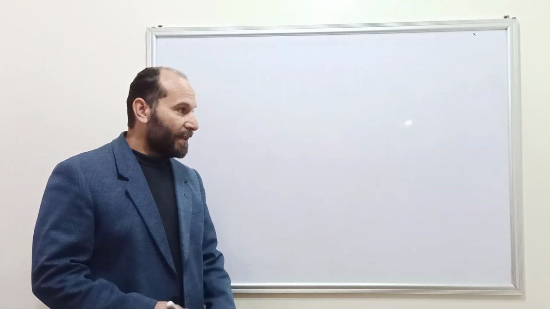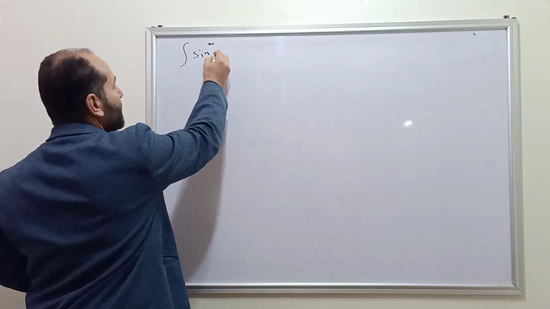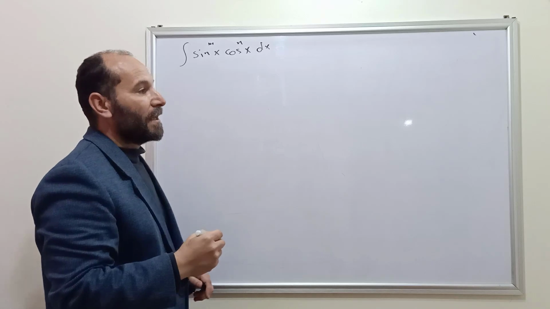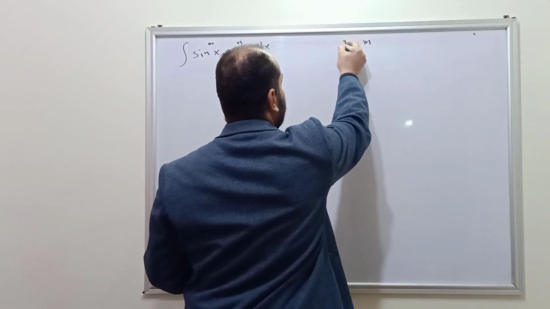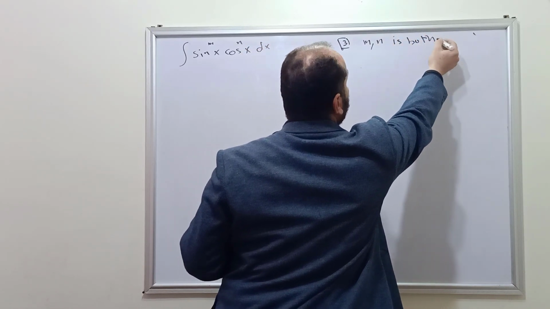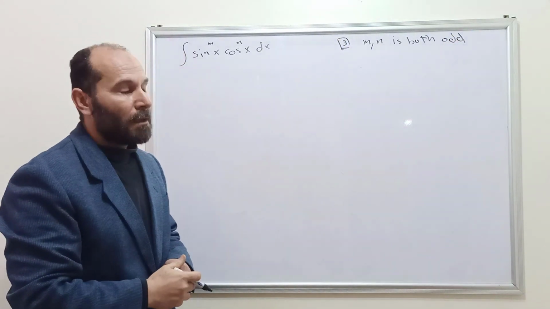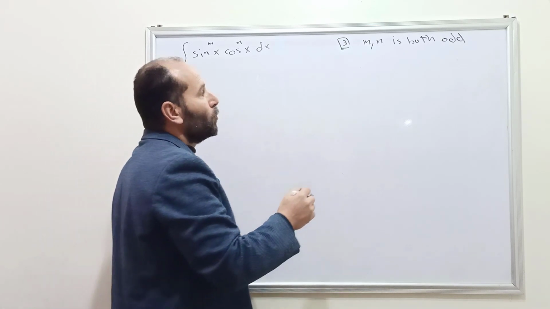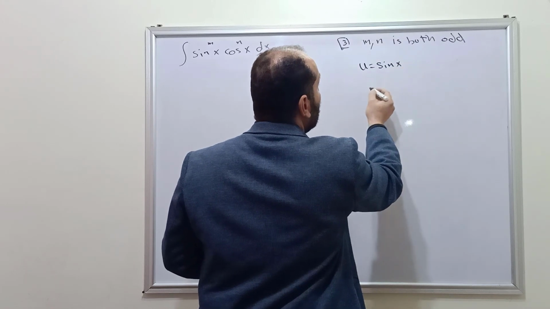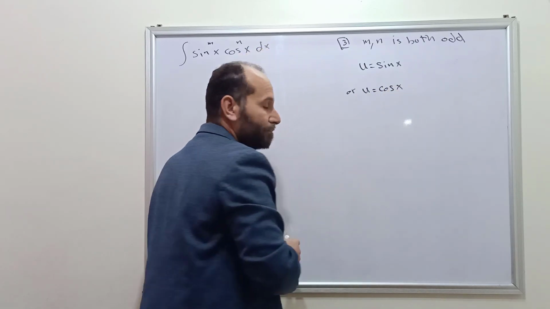The third case for this integration, sine power m x cosine power n x dx: m and n are both odd. If m and n are both odd, we can substitute u equals sine x or u equals cosine x.